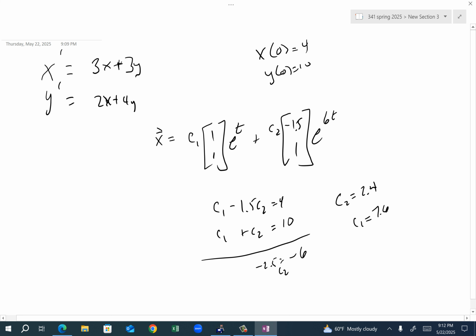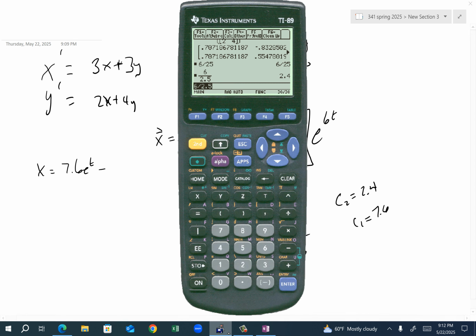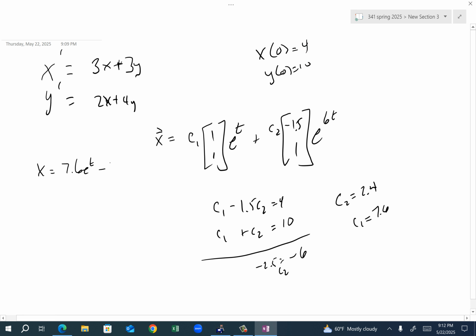Okay, so my final answer would be x equals 7.6 e to the t minus 1.5 times 2.4, which is 3.6 e to the 6t. And then y equals 7.6 e to the t.